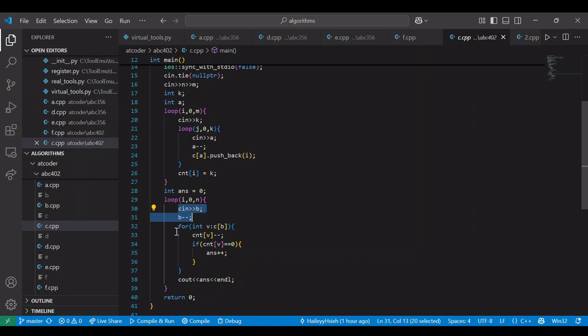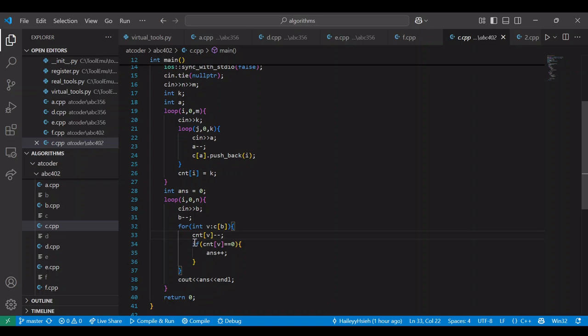And so we loop through V, which represents all the dishes that use ingredient B. And that's what we stored in C[B] earlier when we processed the inputs. And we subtract count[V] by 1 because this means that there is one less ingredient that Snook dislikes. And so dish V has one less ingredient that it can't use.